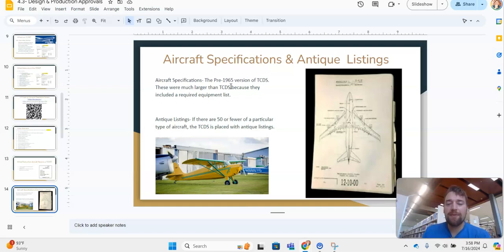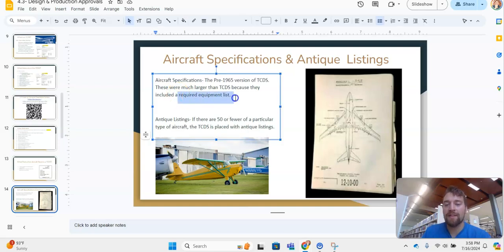It includes all that same information, but they're usually a lot longer because there's also a required equipment list included in these as well. And then antique listings. You may get a question on this. If there are 50 or fewer of a particular type of aircraft, the TCDS is instead placed under a listing called antique listings. And one example of an antique listing is this particular aircraft right here from the 1930s.